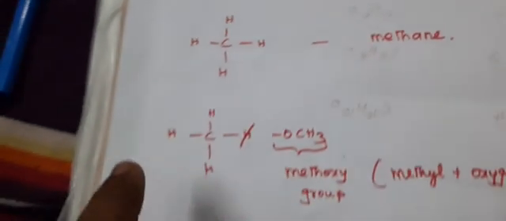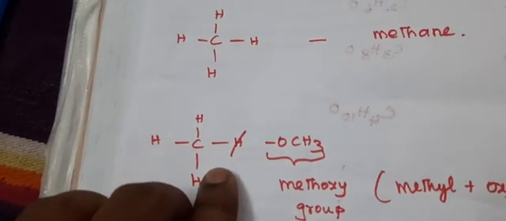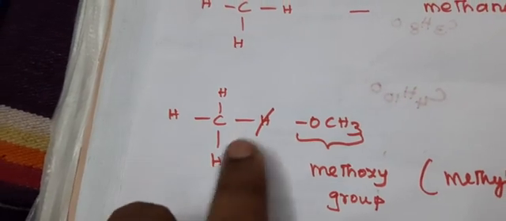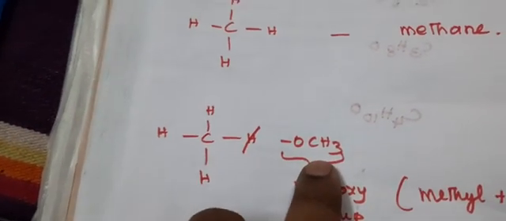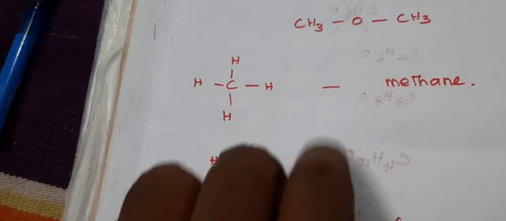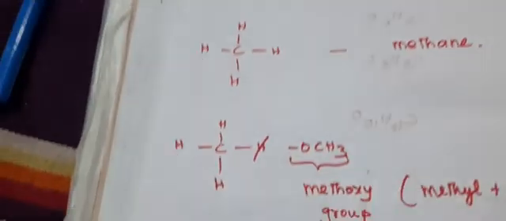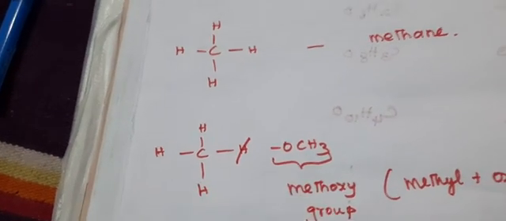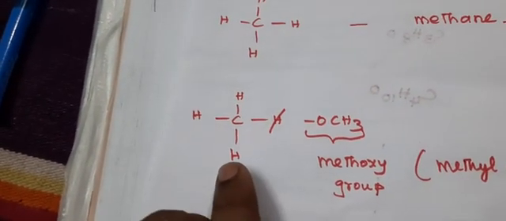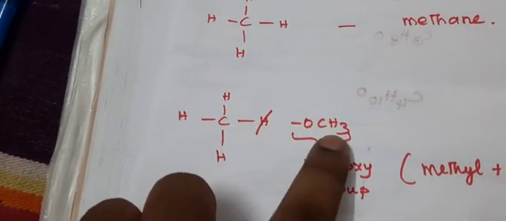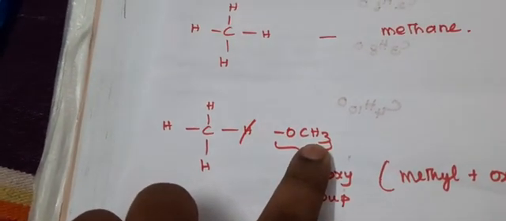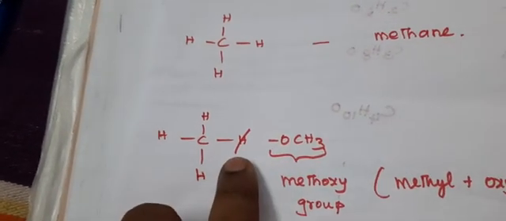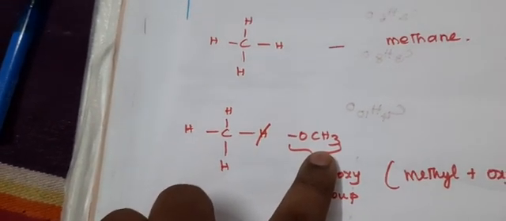In this compound, one hydrogen is replaced by the OCH3 group, and you will get CH3OCH3. In methane, one hydrogen is replaced by alkoxy, here methoxy is taken. One hydrogen is replaced by methoxy group, you will get ether.